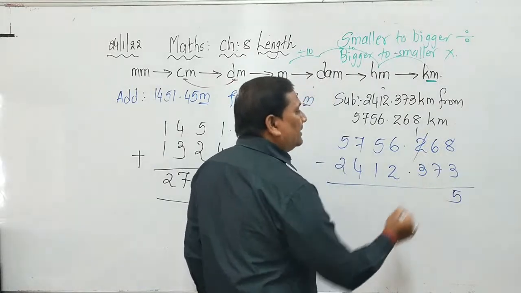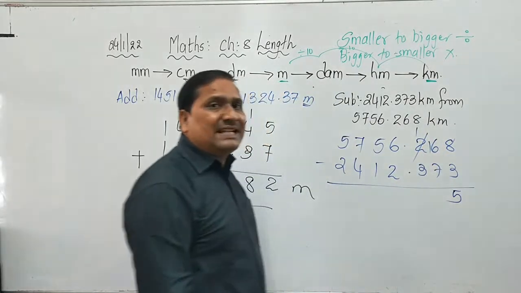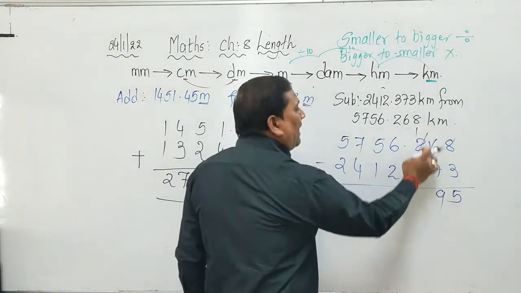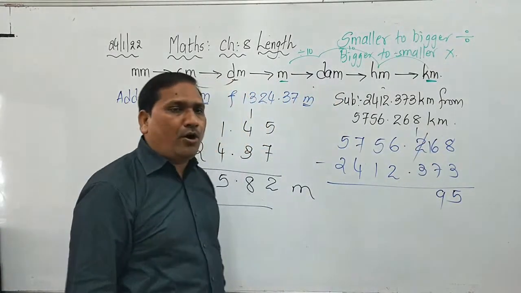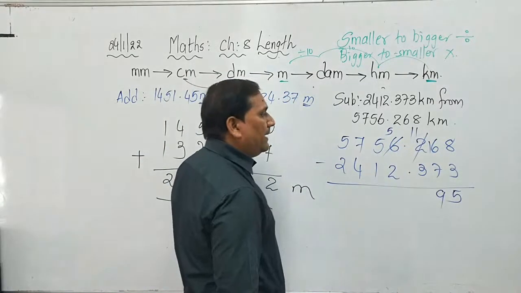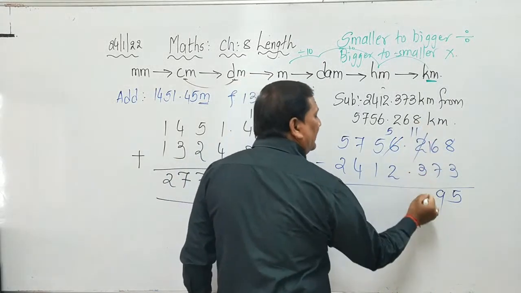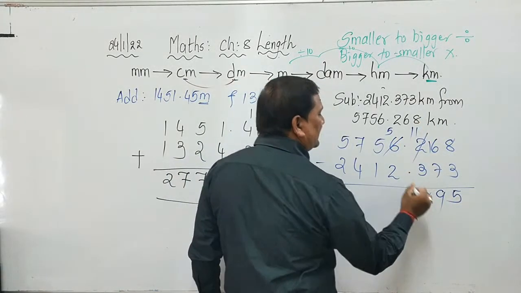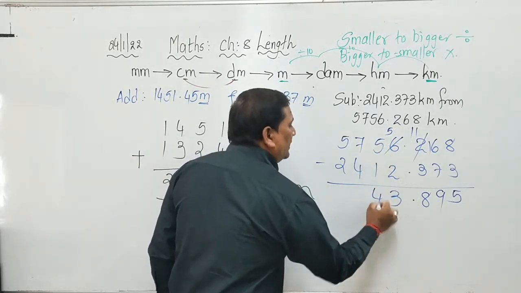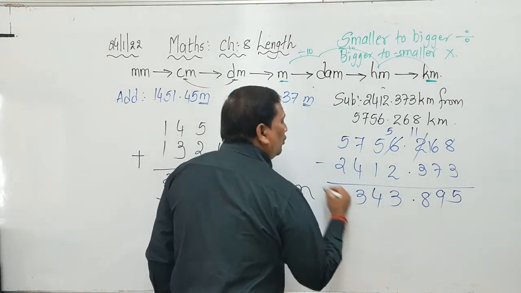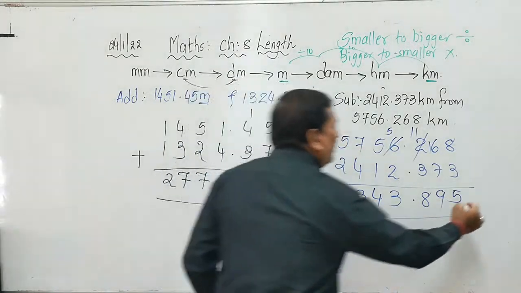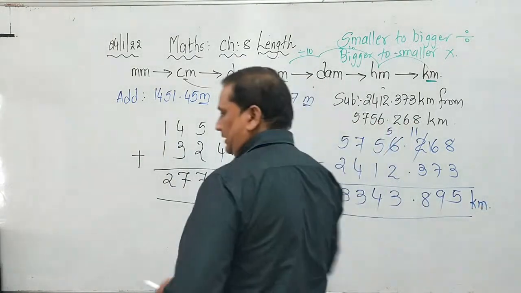So this will become 10 and this will become 16. So 16 minus 7, 9. 1 minus 3, again not possible. Again borrow. So this will become 5 and this will become 11. 11 minus 3, 8. Decimal. 5 minus 2, 3. 5 minus 1, 4. 7 minus 4, 3. 5 minus 2, 3. So this is our final answer.